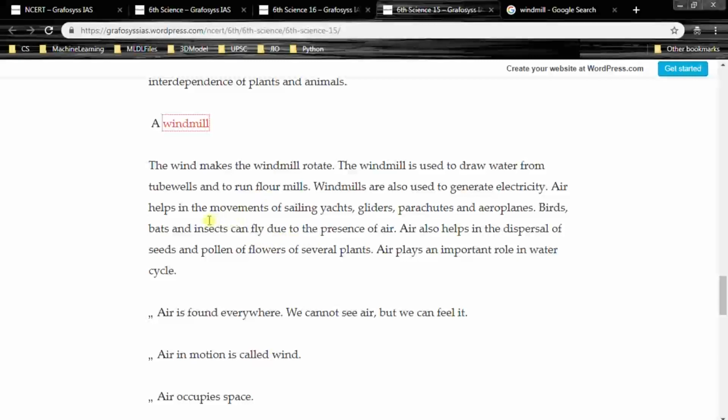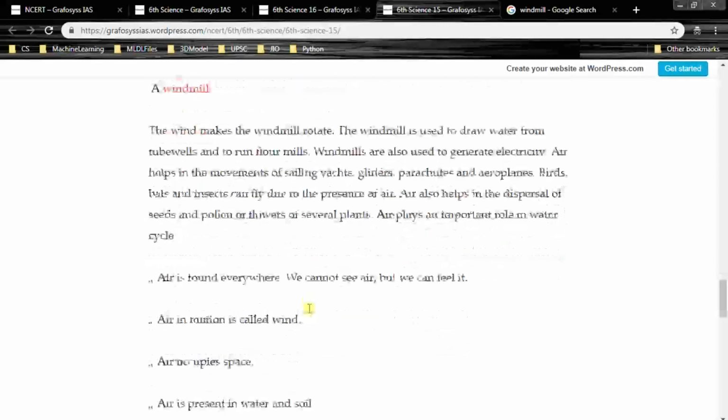Air also helps in movement of yacht, gliders, parachutes, aeroplanes, and birds, insects, etc. Air also helps in dispersal of seeds and pollen, which are the main reason the plants grow. And air plays an important role in the water cycle.